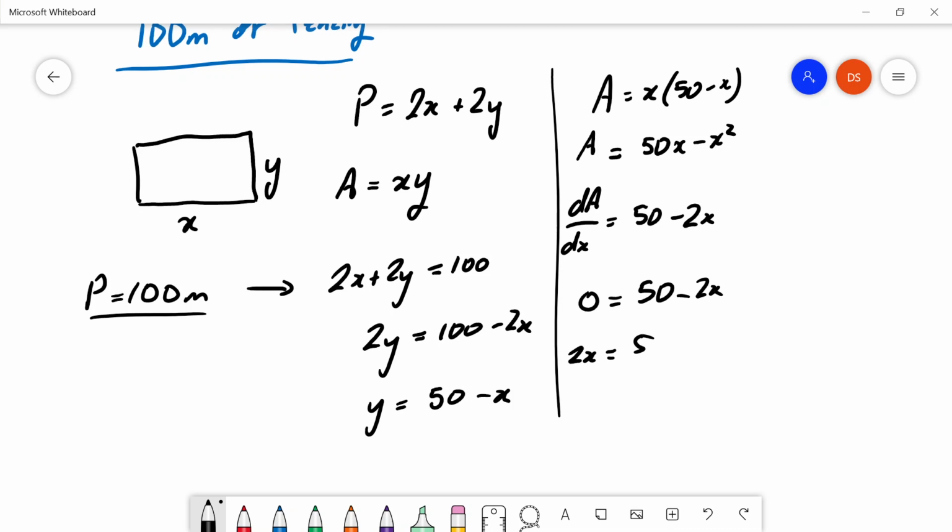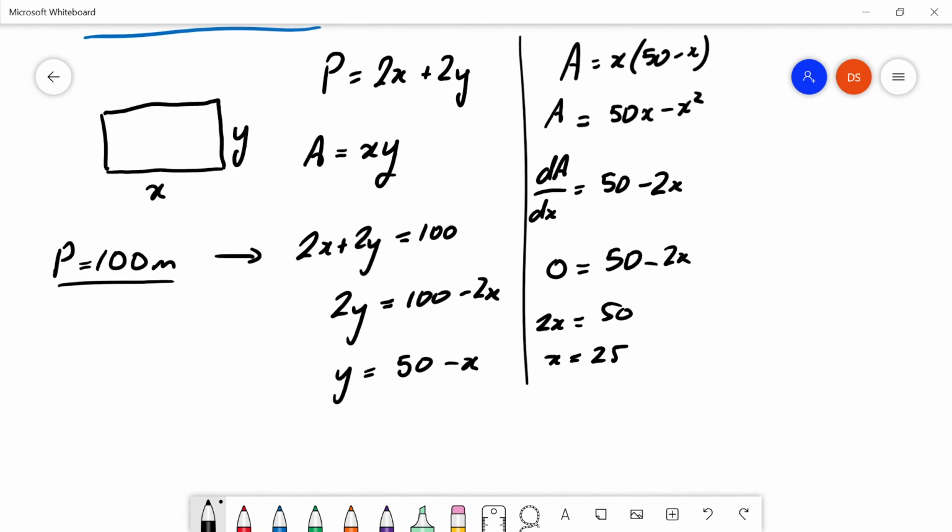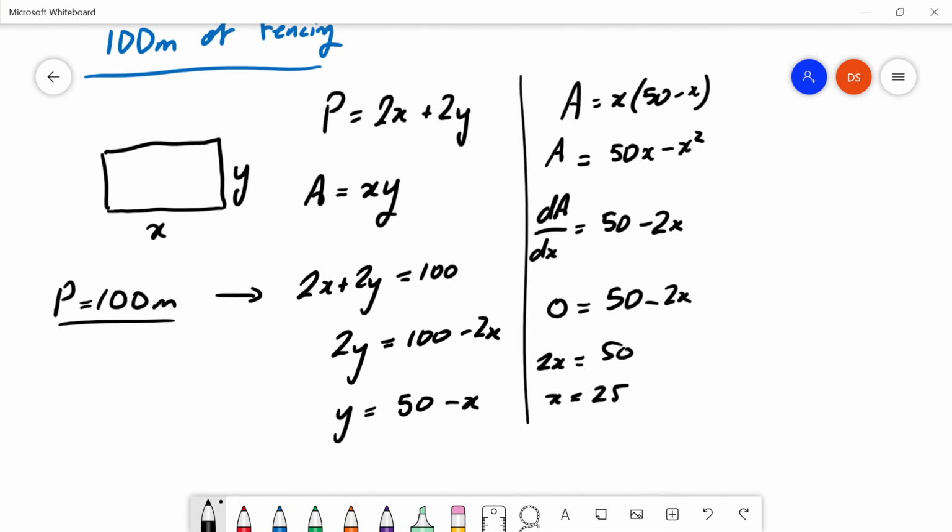Solving for x gives me x is equal to 25. Now that I've got x equals 25, can I find the maximum possible area? Yes, I can. Because x is 25 meters, and y is equal to 50 minus 25, y is also equal to 25 meters.